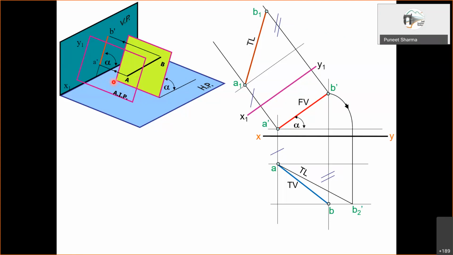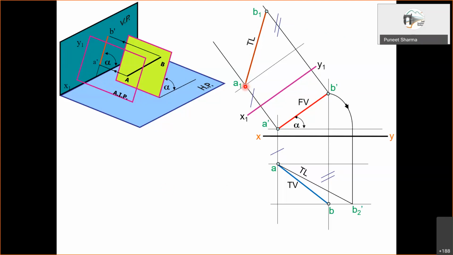Then this distance up to this x1, y1 will be the same as A dash A. That is what we are making use of. So we simply measure this distance, and from this point we intersect onto this projector and locate A1. I hope it is clear now.